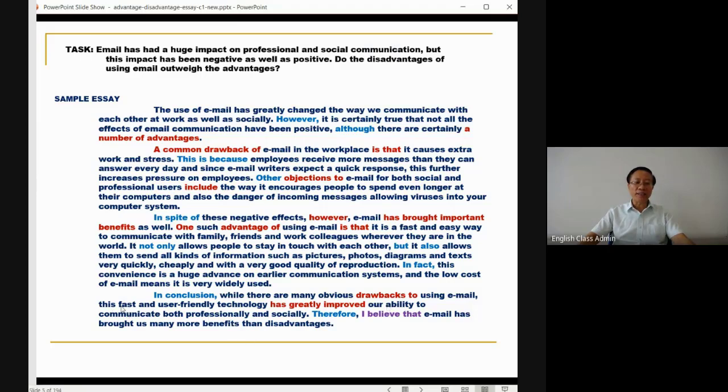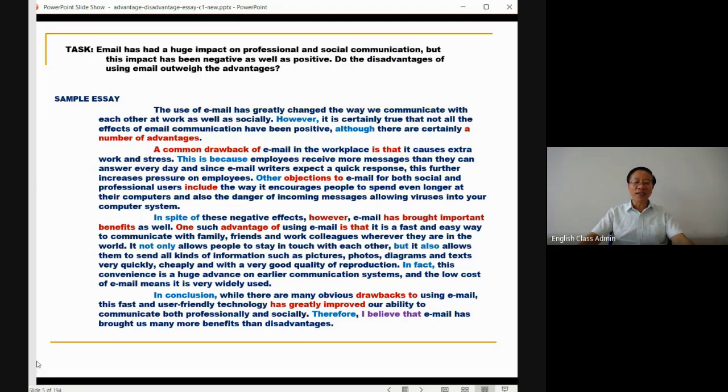And if you look at the phrase, this fast and user-friendly technology has improved our ability to communicate both professionally and socially, you can see they use the words fast and user-friendly technology. These are the key terms that summarize the main advantages of using email. Okay, so I have told you that when you want to write an effective concluding paragraph, you should summarize the main points.